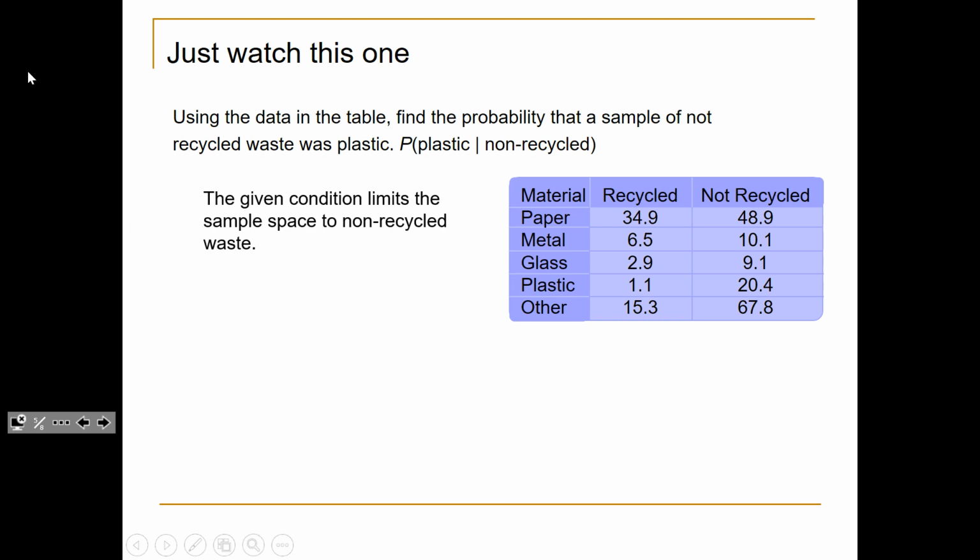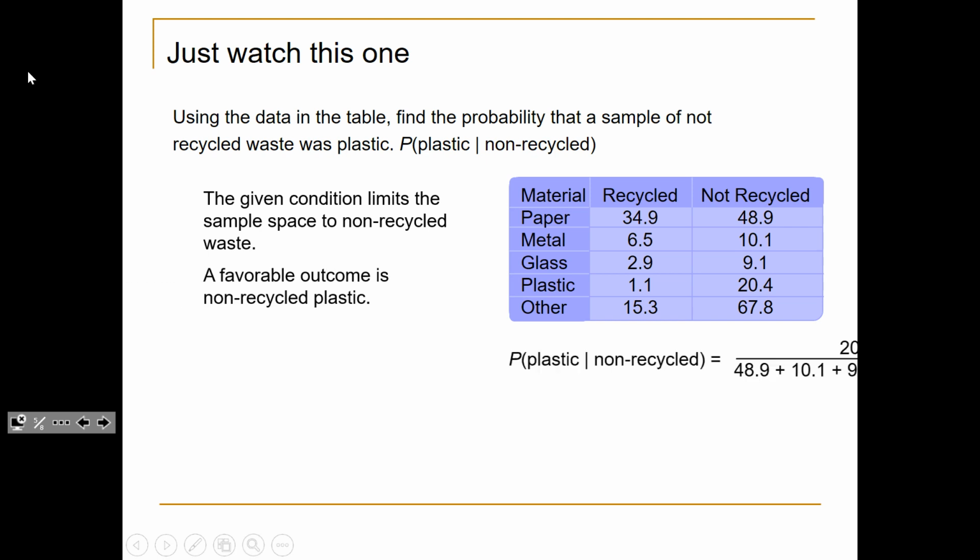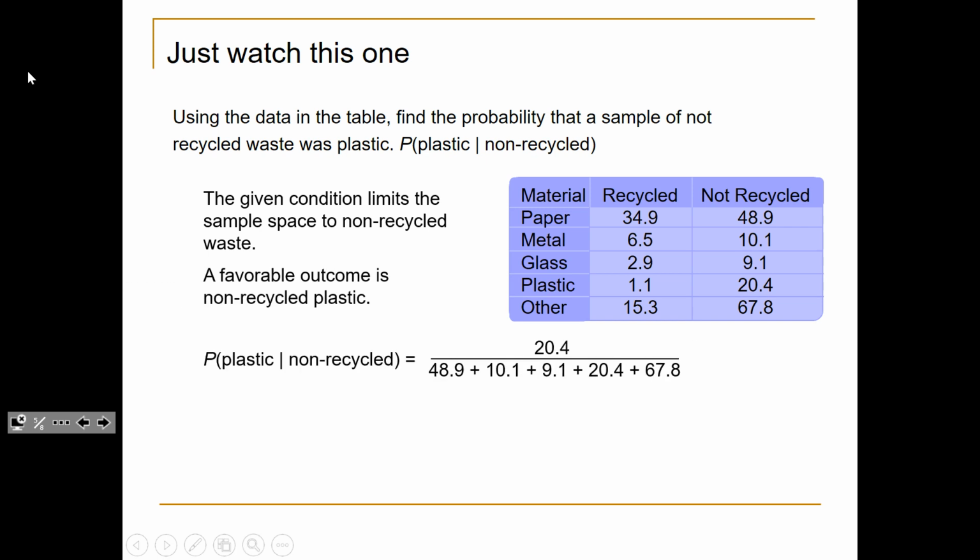Okay? Then we go back and decide how much of that is going to be plastic. Okay? So for our non-recycled, like you guys said, we're going to add all of these up. And in that non-recycled, we're looking for how much of it was plastic. So I can't even look at this column anymore because it wasn't part of non-recycled. I'm only looking at plastic in the non-recycled column, which would be that 20.4. Okay?